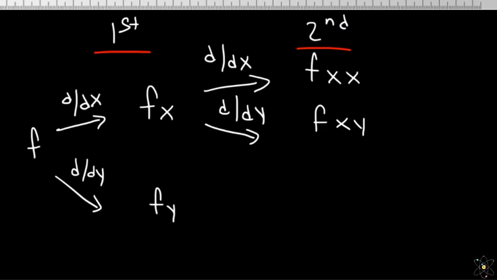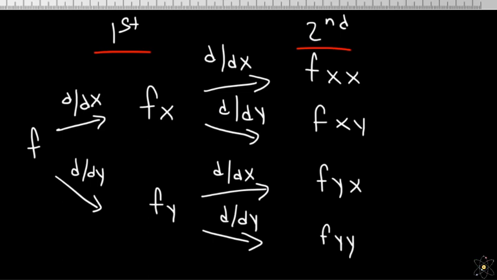Now fy, we could differentiate it with respect to x, and we'll get fyx, which means that we differentiate it first with respect to y, and then with respect to x. Or we could differentiate fy with respect to y, which is fyy, which means we differentiate the function twice with respect to y. So when dealing with second partial derivatives, if you have a function with two variables, there are 4 derivatives that you can get.